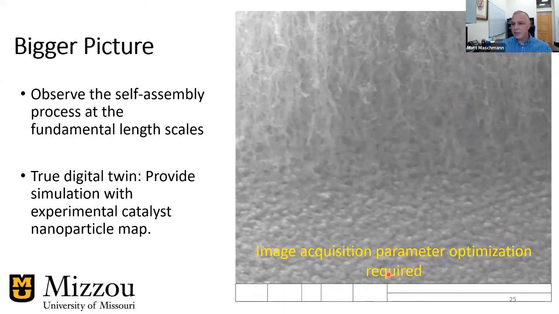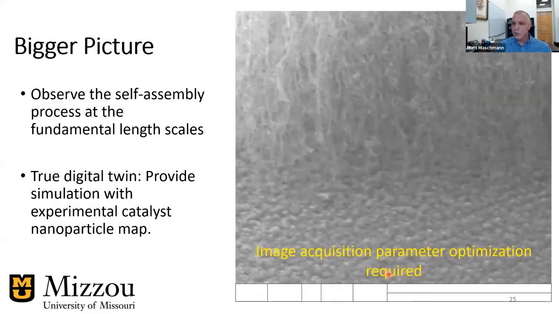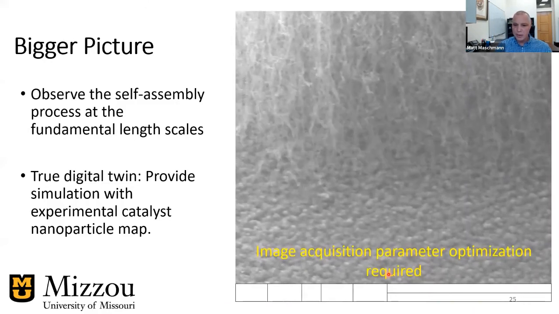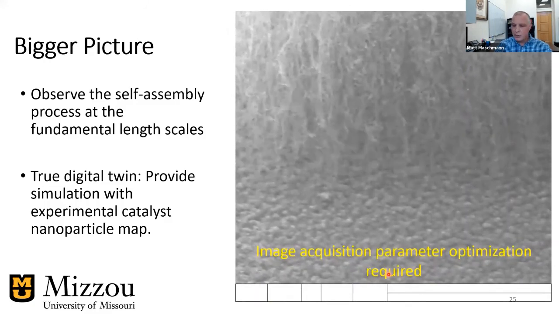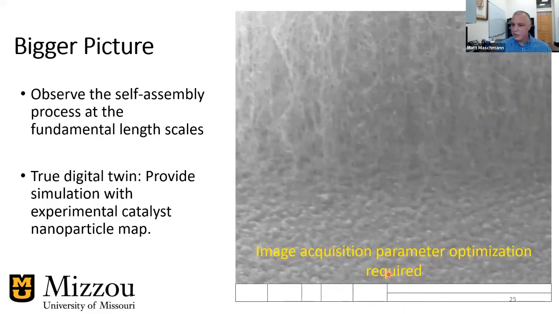And so the vision is we're going to have this experimental capability where we can view what's going on in real time with our carbon nanotube forest as the synthesis is occurring. Can we use our simulations as this digital twin?